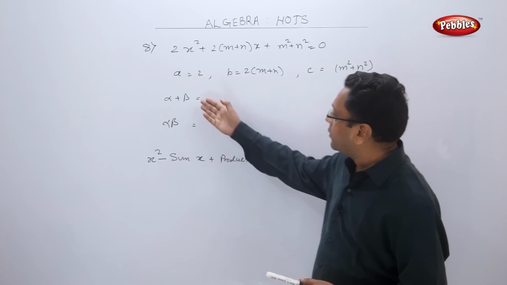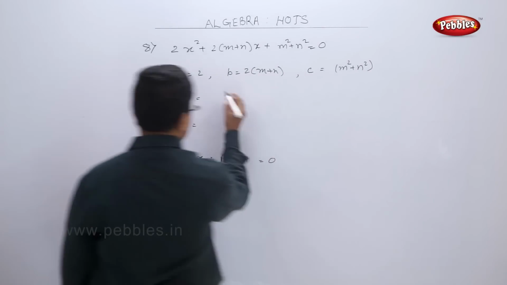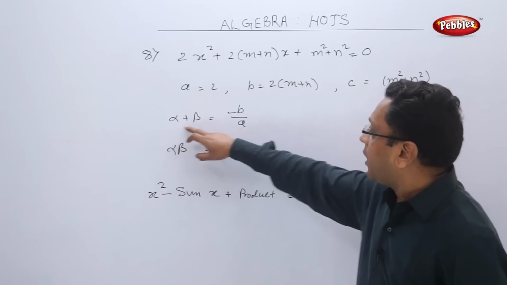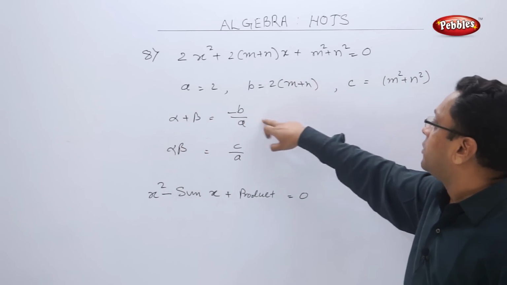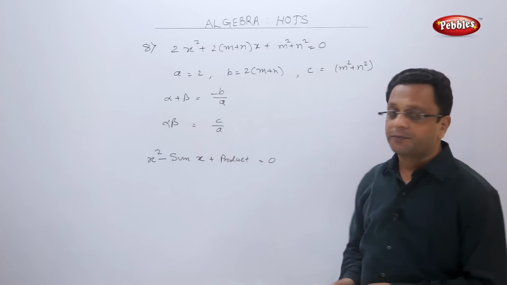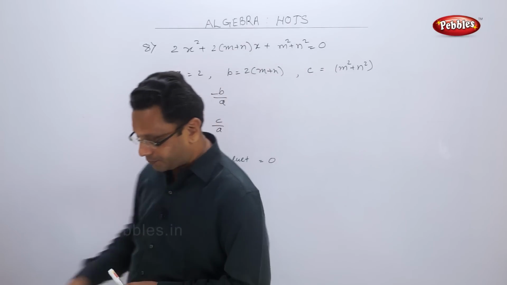Now we have to find the sum of the roots and product of the roots. You know that the sum of the roots is minus b upon a and the product is c upon a. Alpha plus beta is equal to minus b upon a, so minus 2(m + n) upon 2. Alpha beta is this, and hence you can form the quadratic equation.